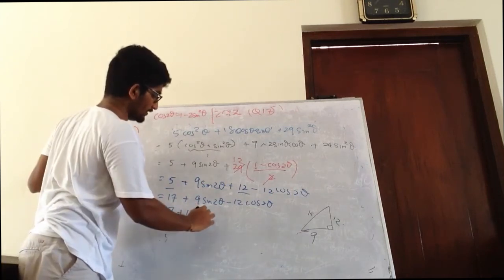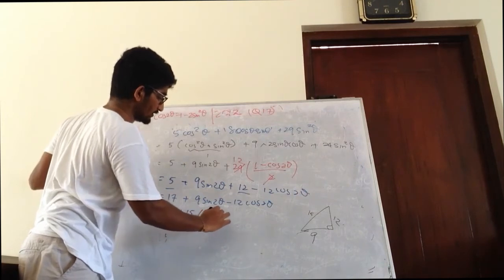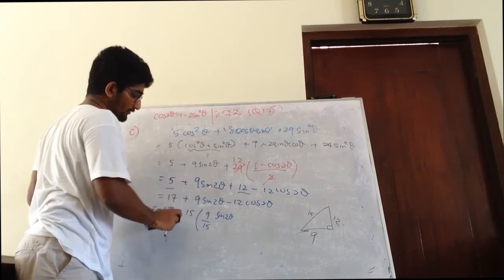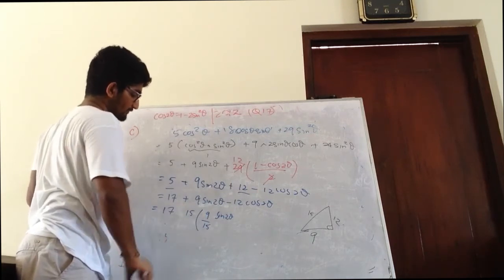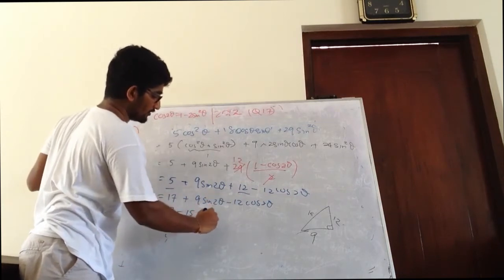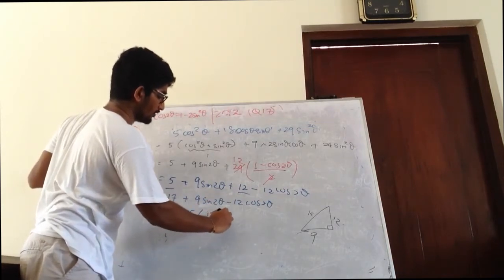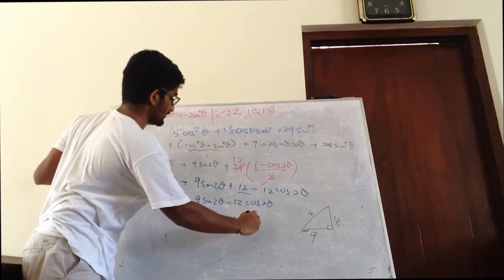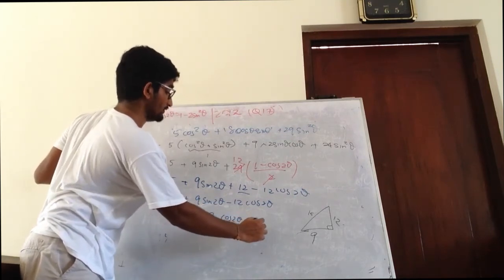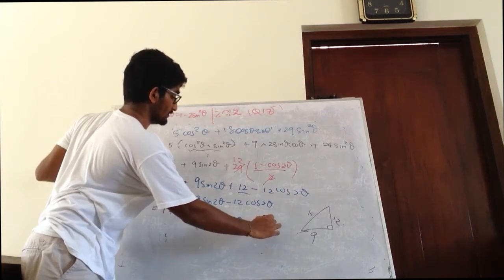I'm going to actually take the cos 2 theta thing first, so I'm going to make this minus. That means 12 over 15 cos 2 theta minus 9 over 15 sin 2 theta.